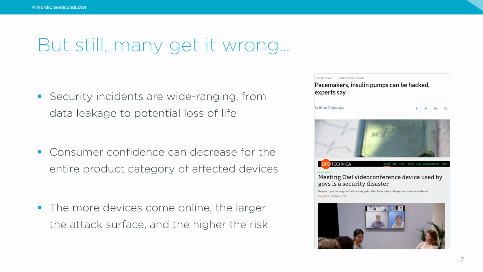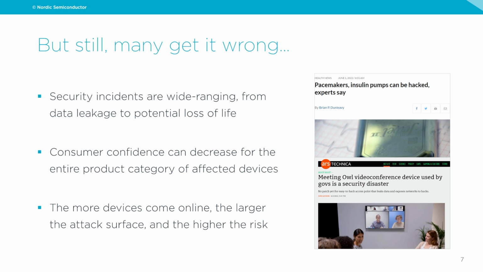And the impact of these attacks and breaches is felt heavily on consumer confidence, which can decrease very heavily, and not just for the one device or the one brand that gets affected, but effectively for the entire product category of affected devices. A good example of that are all sorts of cameras, so video conferencing cameras, simple domestic surveillance cameras.